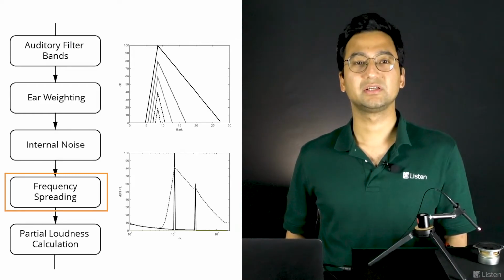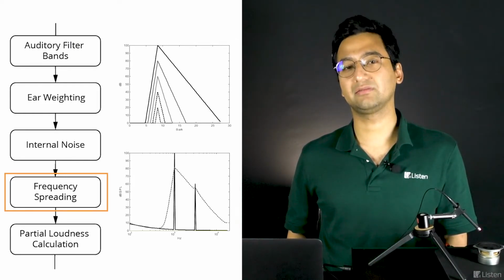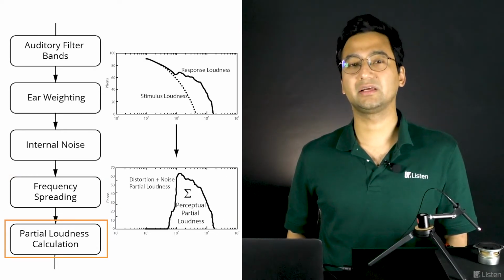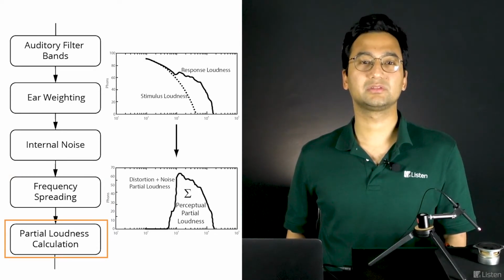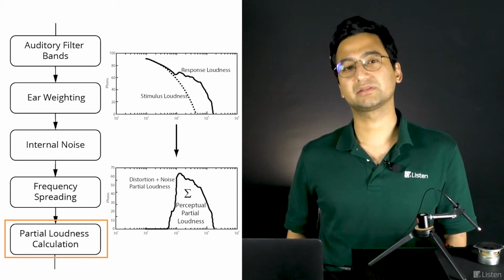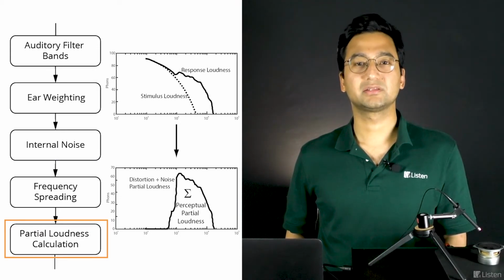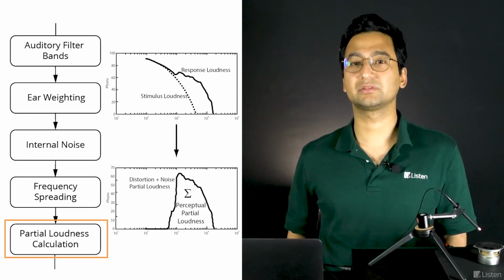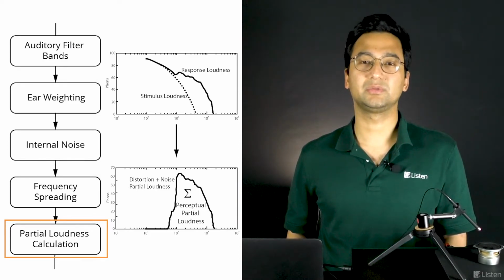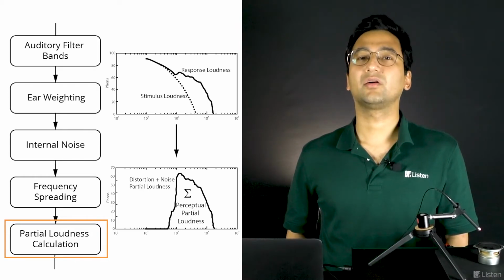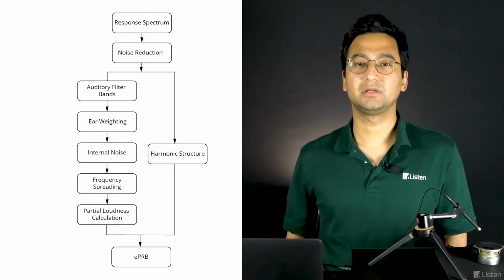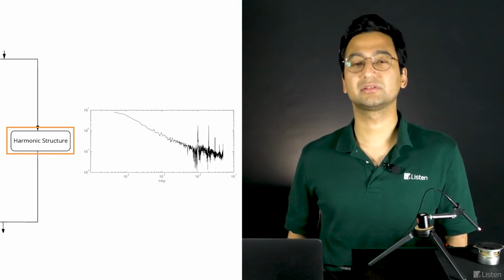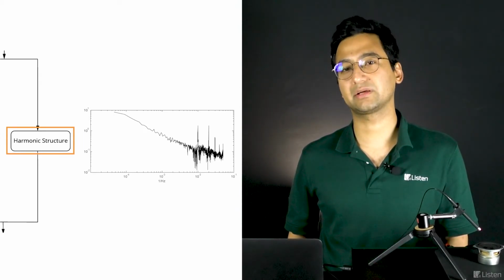These masking curves change with frequency and level. The fundamental and its masking effects are then removed to give the audible distortion of the speaker plus noise. This is summed over the frequency range to give the perceptual noise loudness for a single tone of the input signal. On the other branch of the algorithm, the harmonic structure of the response is quantified using the power cepstrum.